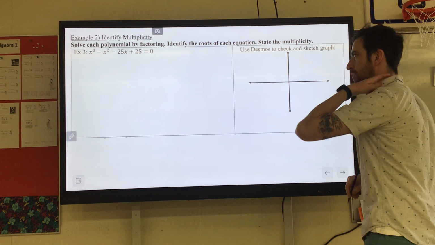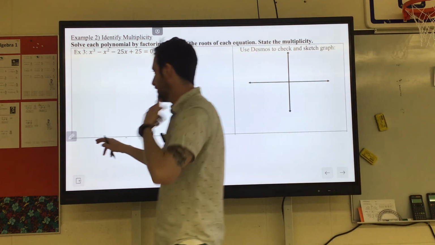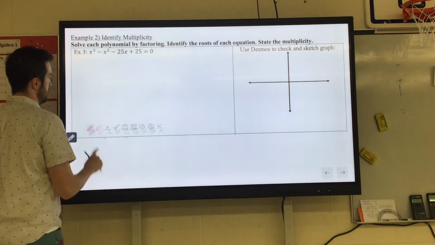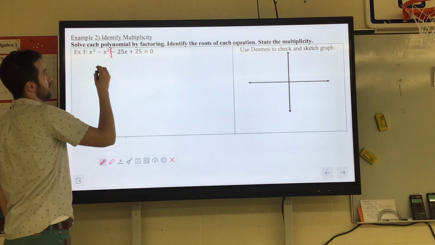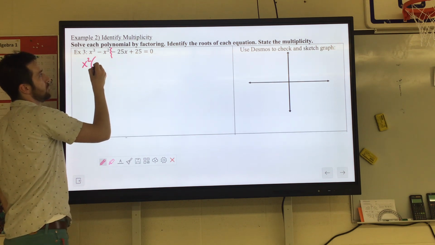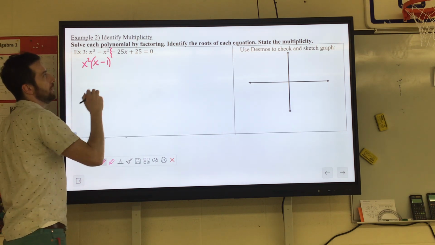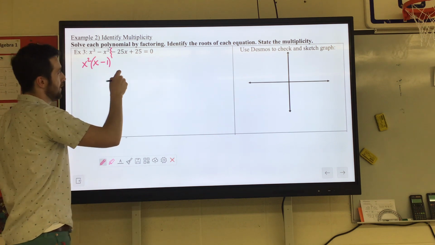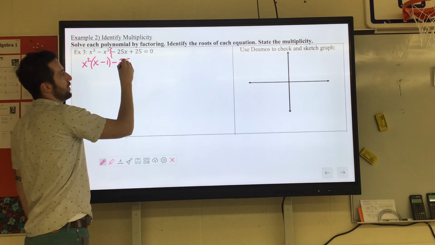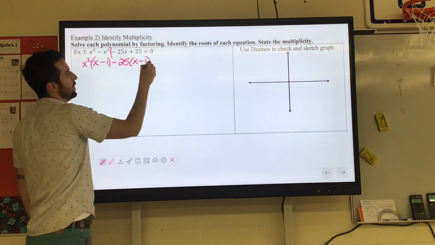All right, so here we go. We're going to factor it all completely. Now this has 4 terms, so we're going to factor by grouping. That'd probably be the easiest. If I look at the left side, they have an x squared in common. If I factor out x squared, I'm left with x minus 1. On the right side, my lead coefficient is negative, so I'll take out a negative. 25x and 25 have a 25 in common.